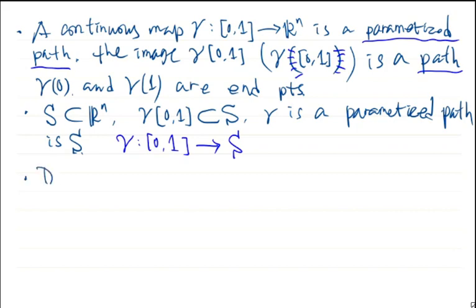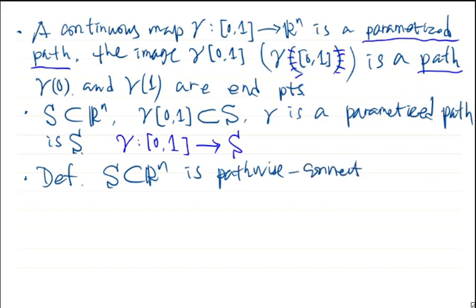So this is the definition. A subset in R^n is pathwise connected if any 2 points in this set can be connected by a path in this set.